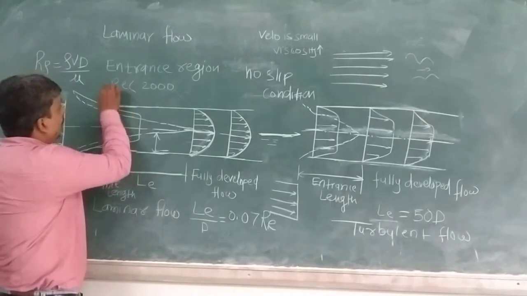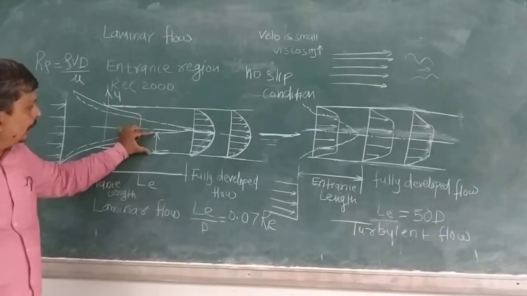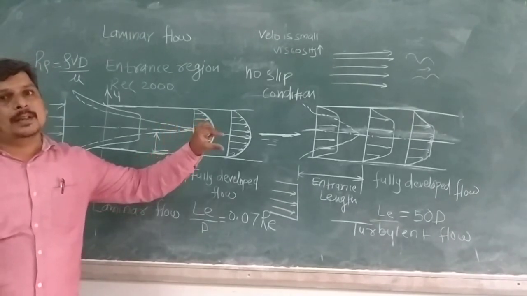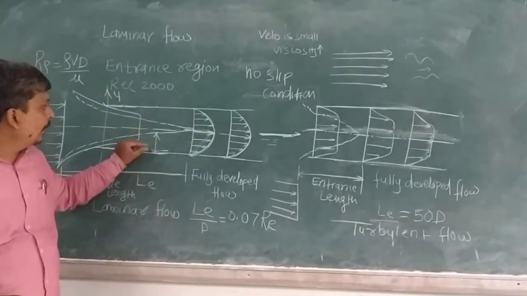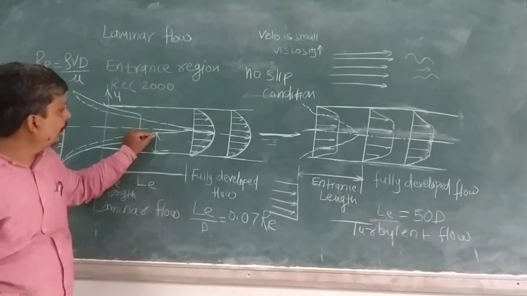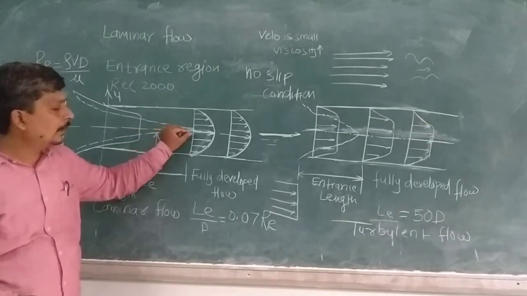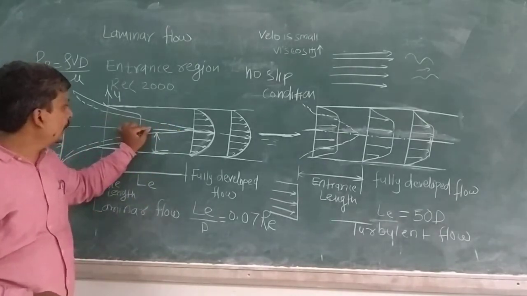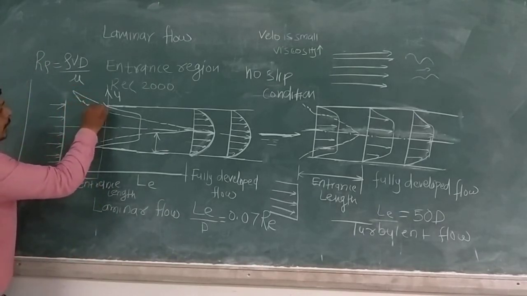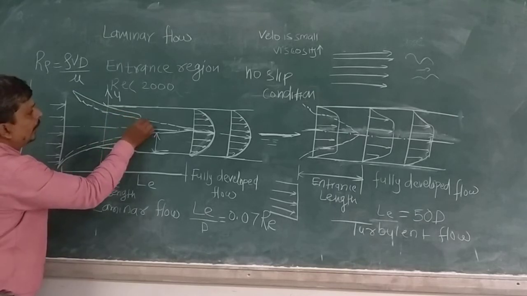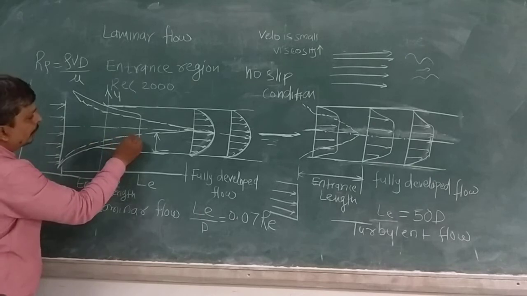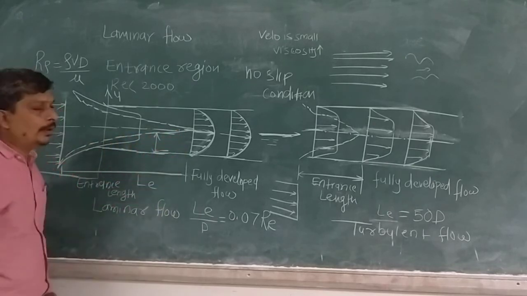At the wall the velocity is 0, and towards the center the velocity keeps increasing until it becomes the velocity of the free flow. This dashed line represents the thickness of the velocity gradient, and this imaginary layer is called the boundary layer.